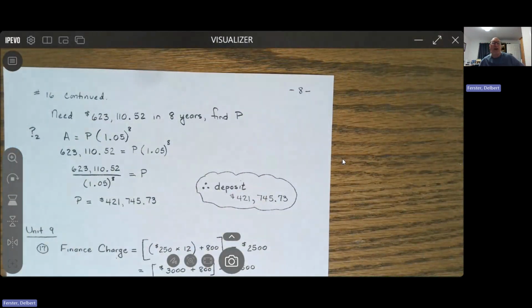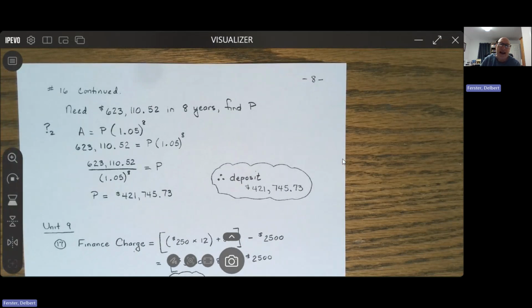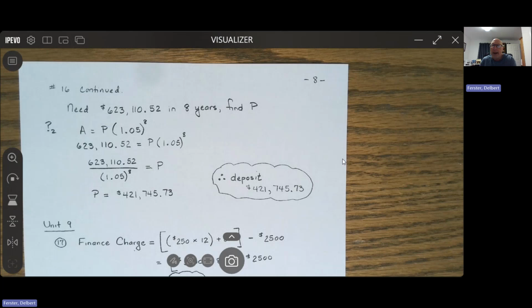All right, so we need 623,110.52. So that number serves as A. We'll be solving for P, how much must be invested currently, so that at 5% per year after 8 years, we would have had enough to drive that annuity that would have needed 623,110.52. Straight calculations with your calculator and you solve for P. So here's the deal.